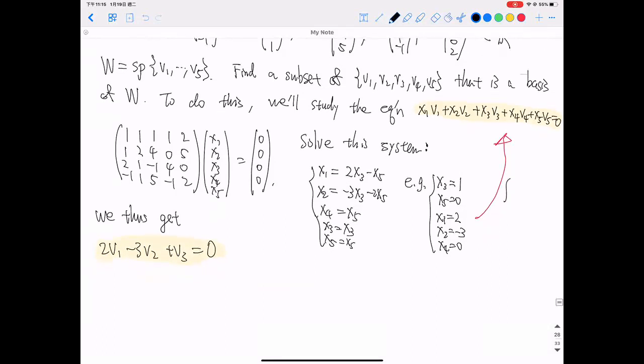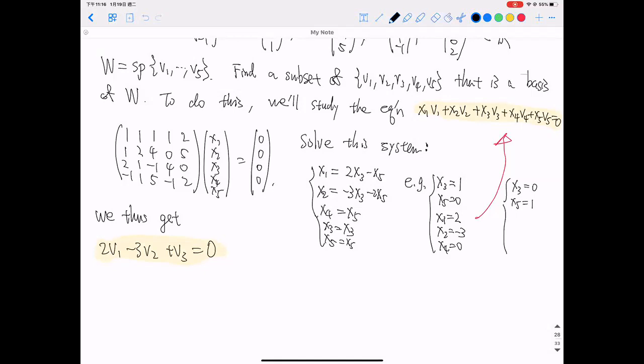This is a linear combination of the v's obtained by a particular solution. Because we've chosen a particular solution, we're definitely losing information. We should therefore try to pick another solution and see what happens.